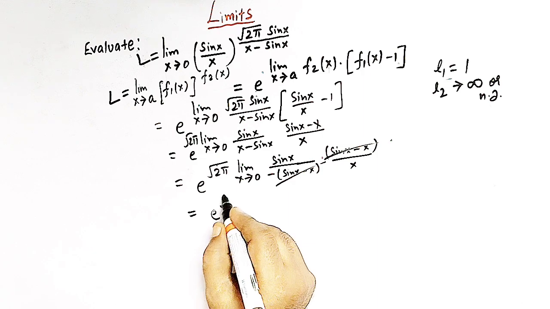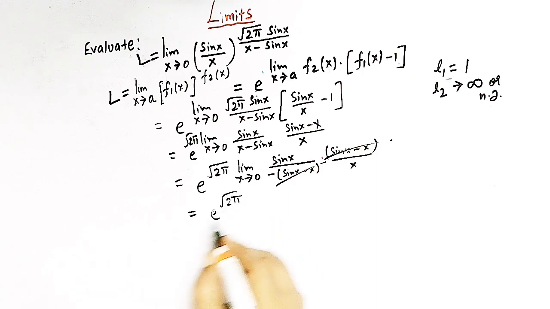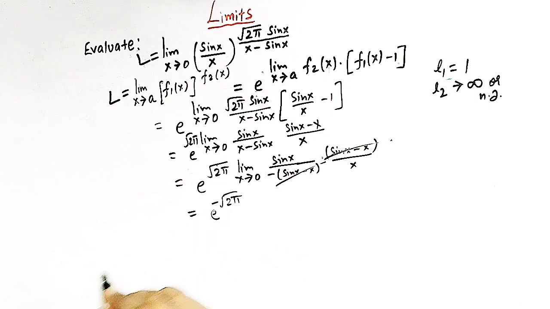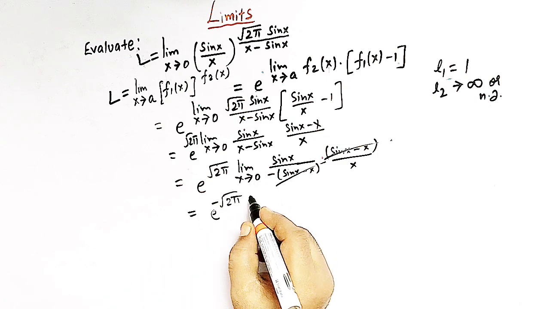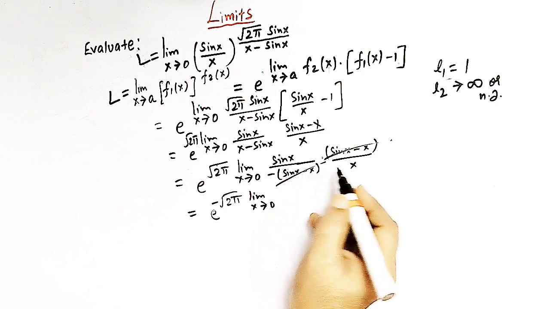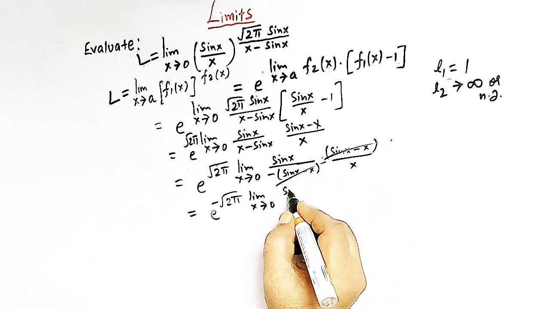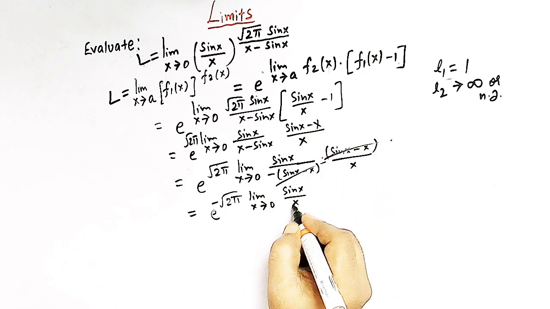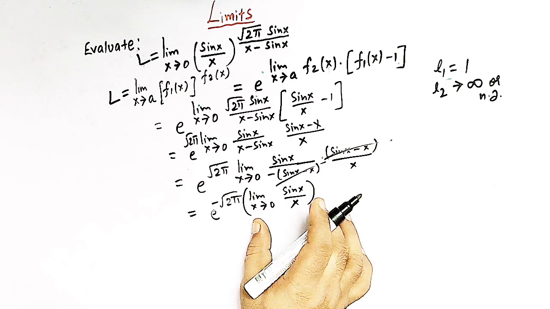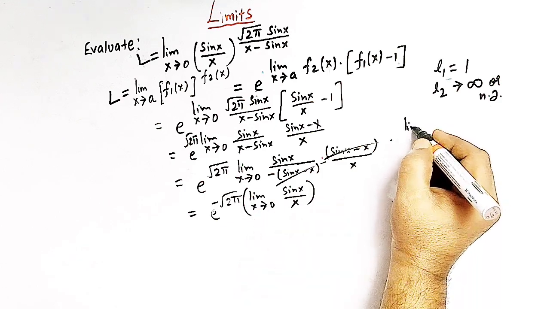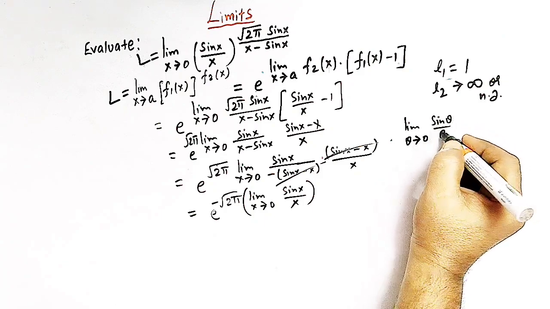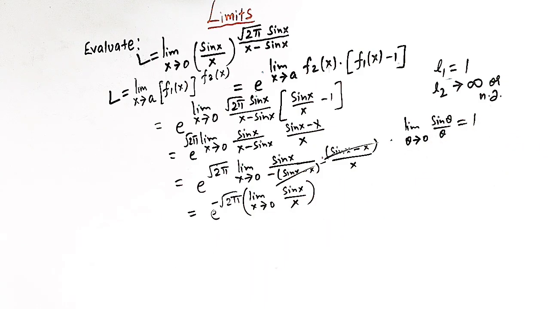So we have e raised to square root of 2 pi, and this negative sign can be taken over here, and we have limit x tends to 0, and we are left with sine x over x, right? And this limit is equal to 1 because limit theta tends to 0 of sine theta over theta is equal to 1.